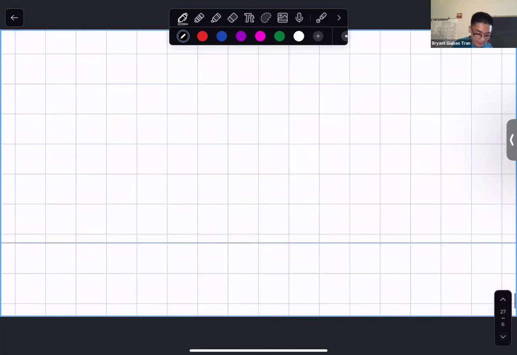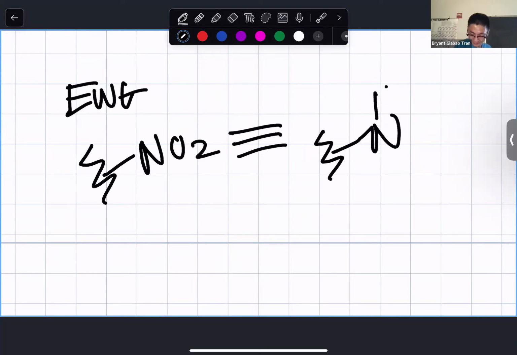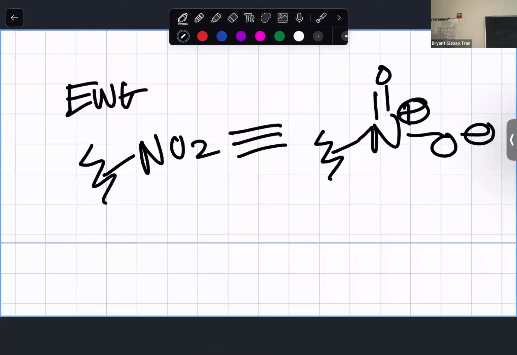Right. For EWG, your strongest EWG is going to be NO2, which is going to be something like this. Right? Because we see that this nitrogen here has a full positive charge.